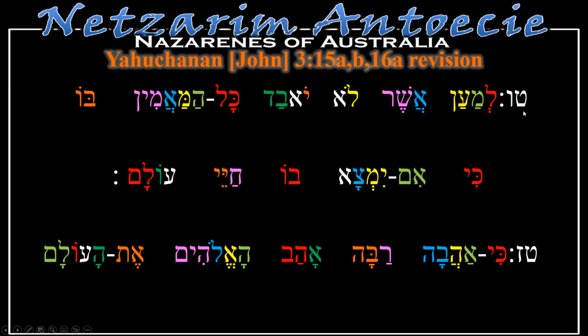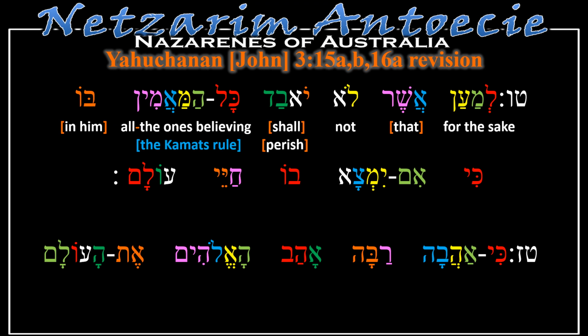So we get, firstly, we see where there's a tet. We know that has a value of 9, and we see a vav, a value of 6. So now we're doing our revision. So we know we're in 15. 9 and 6 is 15. Lema'an, which is for the sake assured that lo not yovad shall perish, because imperfect, kol ol kamatzrul ha-ma'amin, the believers, bo in him, or the ones believing, right?